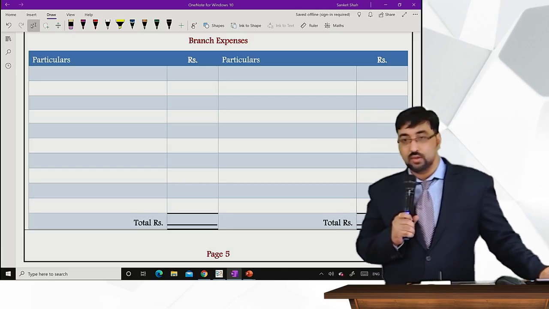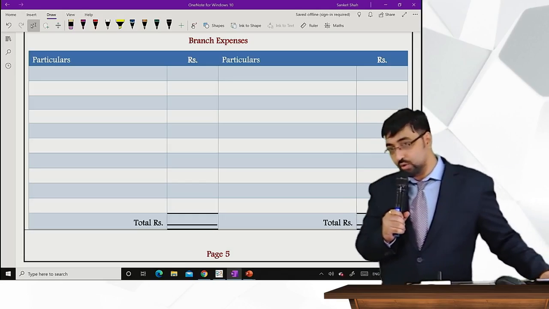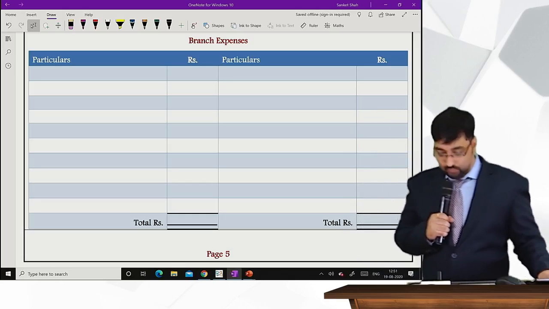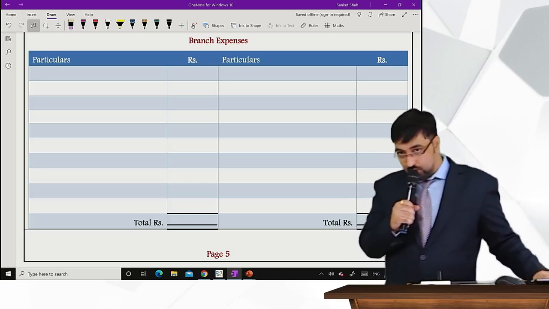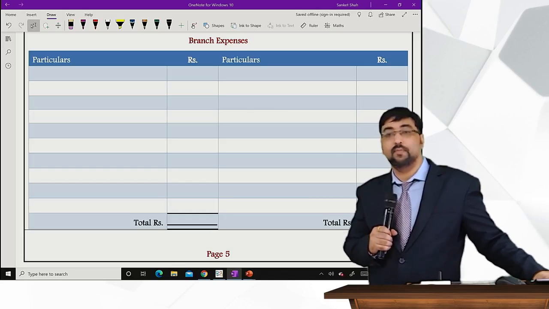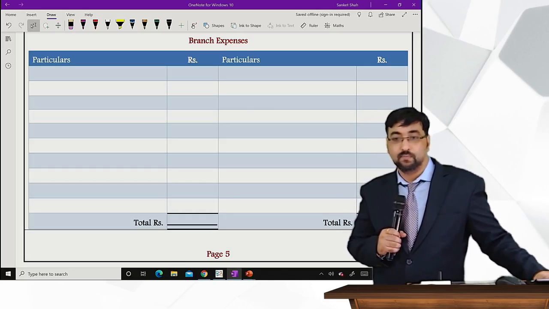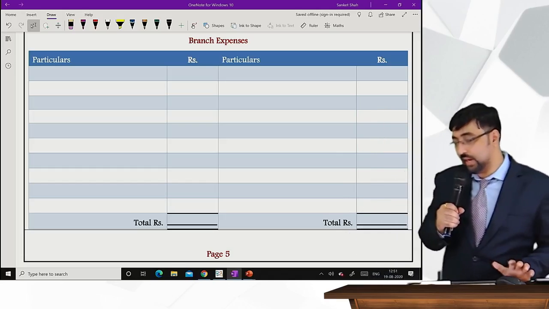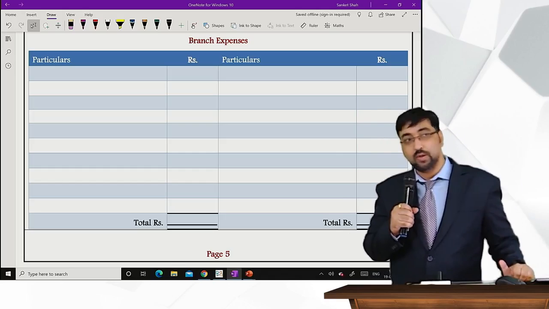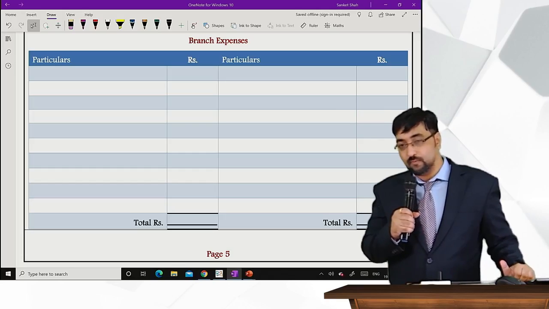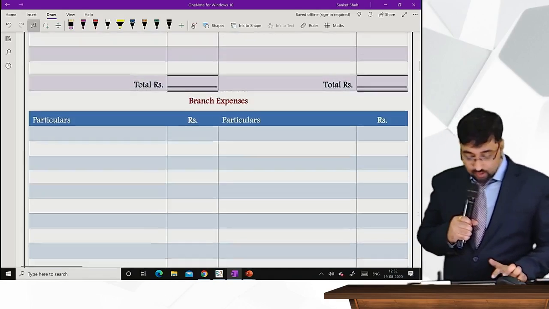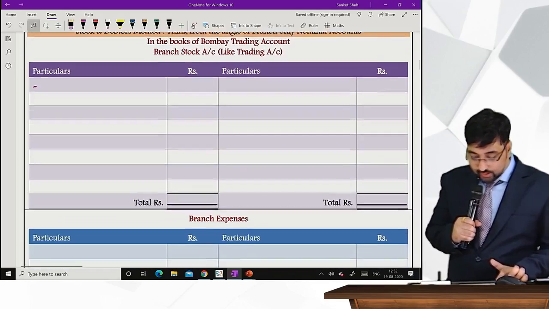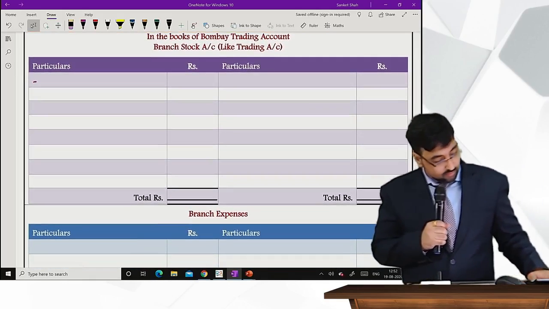Okay, so branch P&L account. Draw fast, write down only particulars, rupees, particular rupees on top of the account. Don't write it at every account.